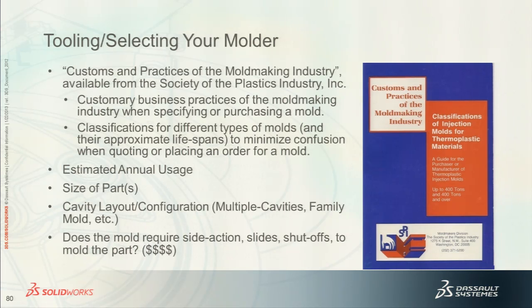For tooling, if you are involved in selecting or specifying tools, this gives you a lot. This document, again from the SPI, gives you a lot of background information. Say automotive tooling would be made out of certain materials because of such high volumes and typically a lot of glass content in the materials.